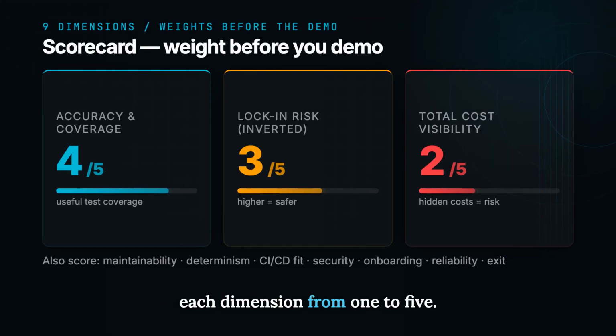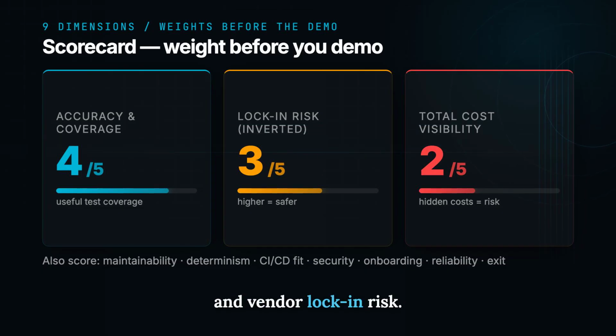A scorecard must be weighted before the demo. Score each dimension from 1 to 5. Accuracy and useful coverage. Maintainability and debugging experience. Determinism, audit trail, and version control. CI/CD pipeline fit, browser, device, and API support. Security, privacy, data residency, and retention.